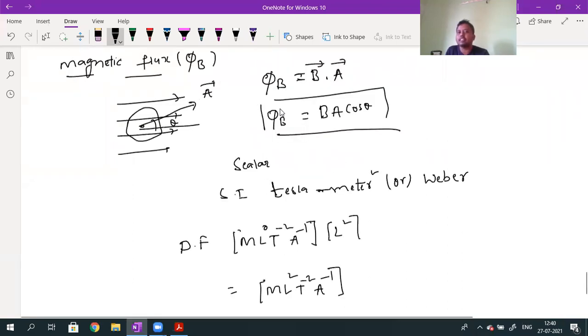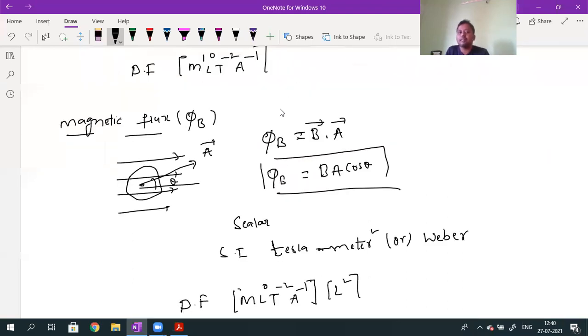What is magnetic flux? Flux is the measure of the number of field lines passing normally through a given surface. How can we measure the flux? Flux is the dot product of magnetic field induction and area vector. A small area can be considered as a vector; the normal to the area gives the direction of the area vector, A bar.